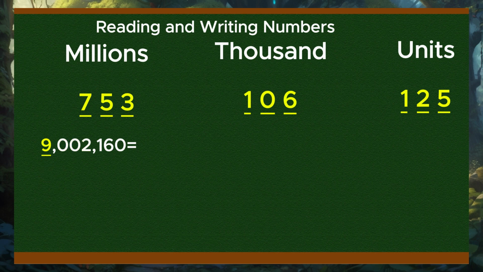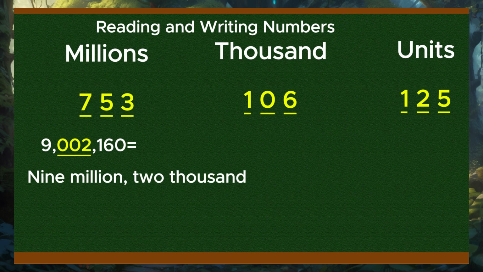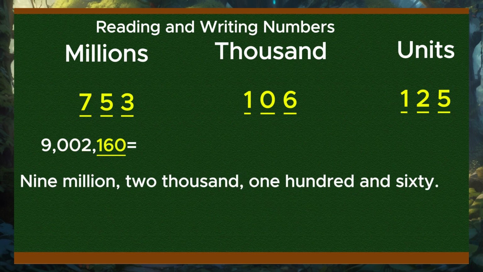Remember, we are calling the numbers from the front. So, we have 9 by itself. That's 9 million. Then, there is 2 by itself. That's 2,000. And we have 160. So, our answer is 9,002,160.